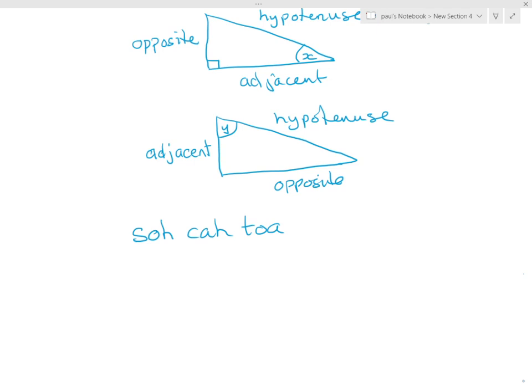If you know the adjacent and an angle, you can find the opposite and the hypotenuse. If you know an angle and the hypotenuse, you can find the adjacent and opposite. It doesn't matter. As long as you know two things, this will find you the third. So always write that down to remind yourselves.